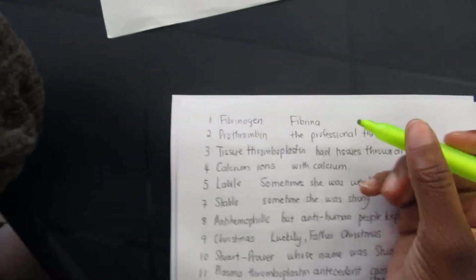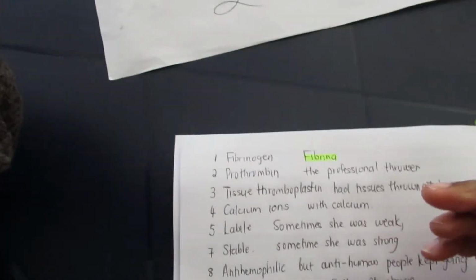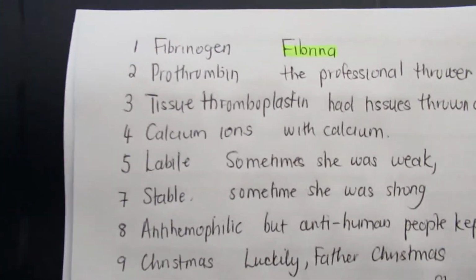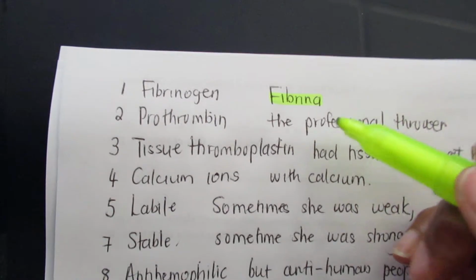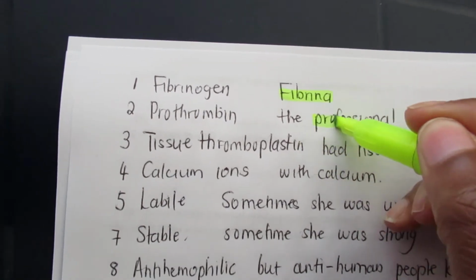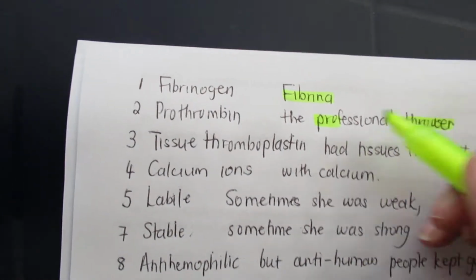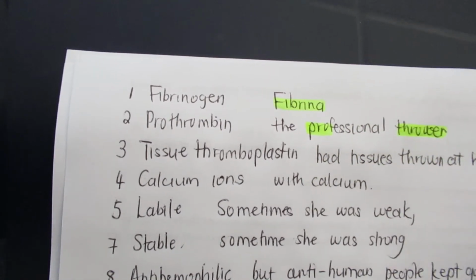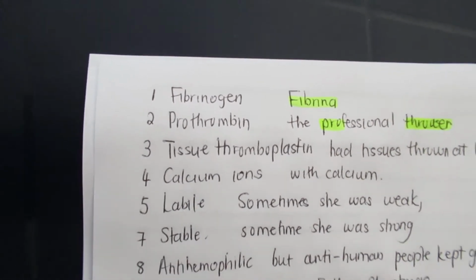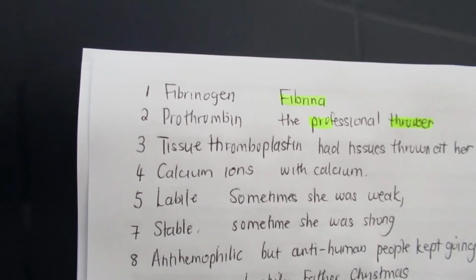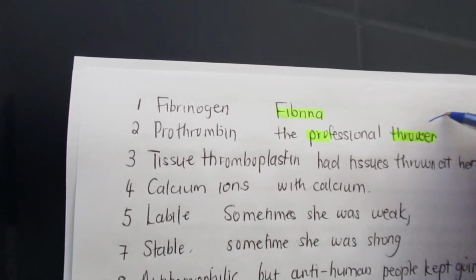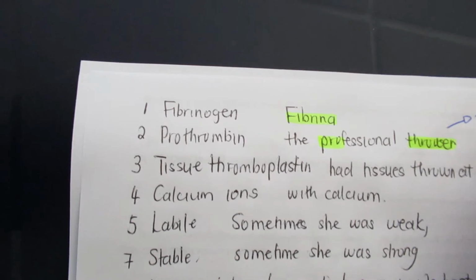So Fibrina should remind you of fibrinogen. And pro in professional and thrower should remind you of prothrombin. Every time you see a thrower, think of thrombin. Okay, guys?